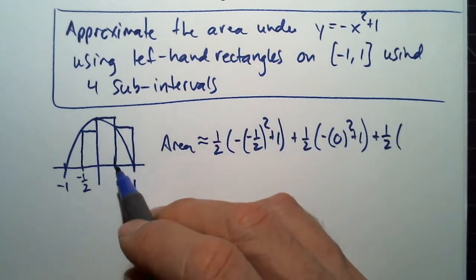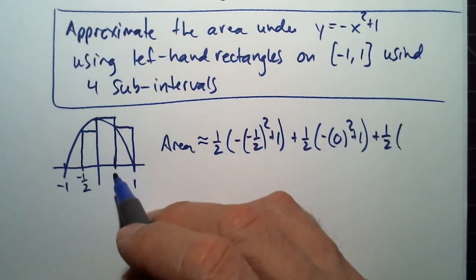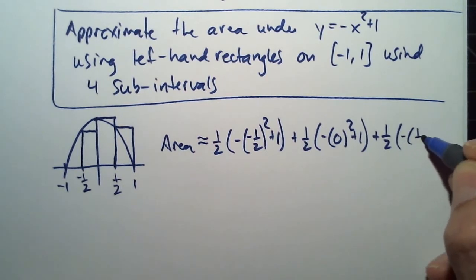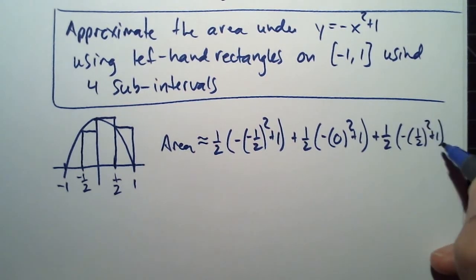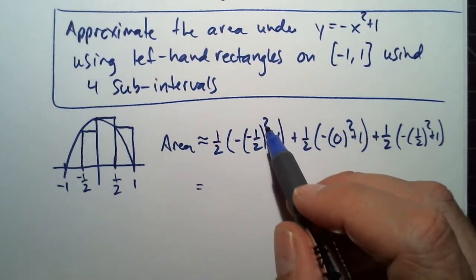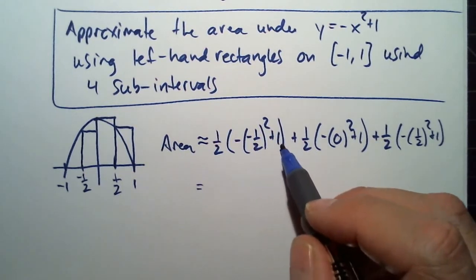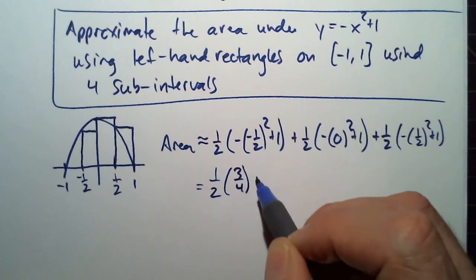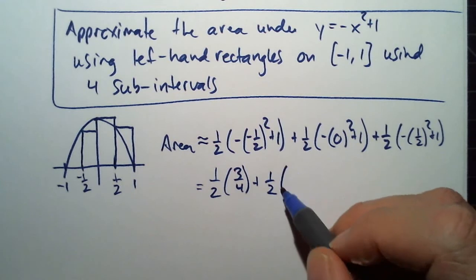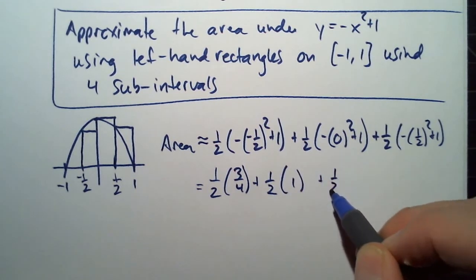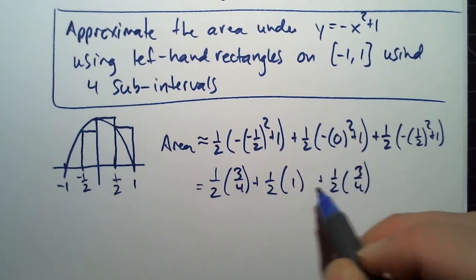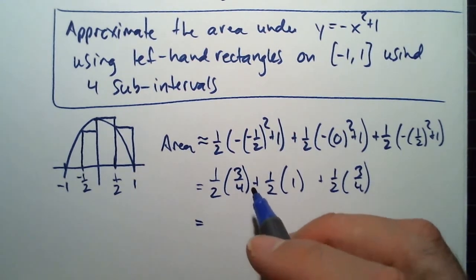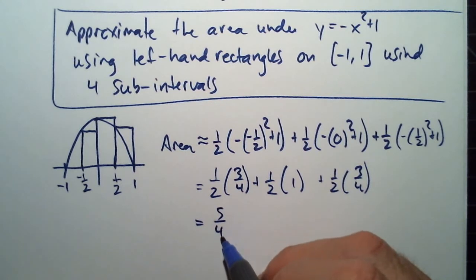The next rectangle, base of 1/2, the height is at 1/2. So this is going to be -1/4, that'll be 3/4, 1/2 times 3/4. We end up with the same thing that we had before, 5 over 4.